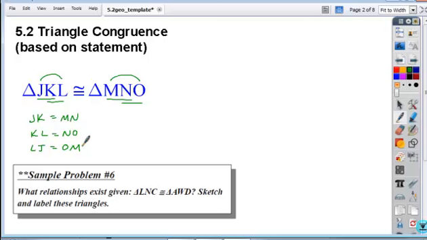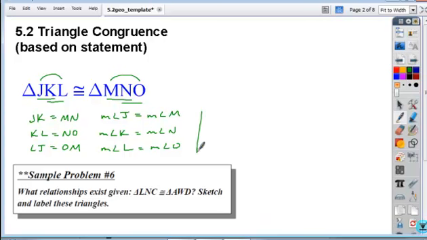So those would be your distances. We could also find the equality of their angles. Again, measure of angle J. J is the first letter, so it corresponds to angle M. Measure of angle K corresponds to the measure of angle N, the second letter. And finally, measure of angle L corresponds to and is equal to measure of angle O, the last letter.